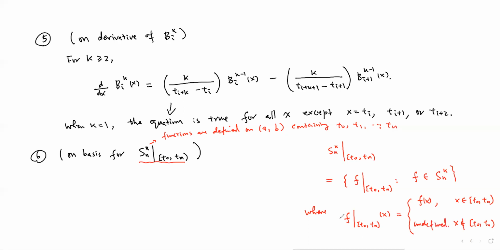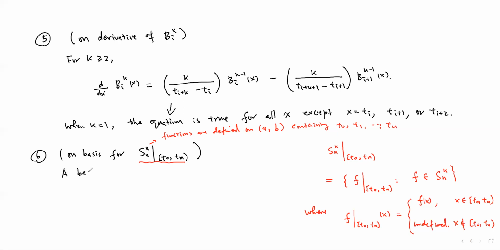This notation is called the function with the domain restricted from [a, b] to [t_0, t_n]. So this notation means the functions restricted to the domain [t_0, t_n].